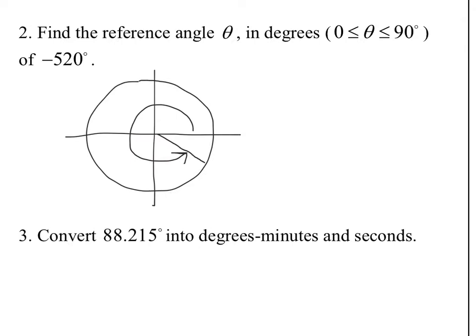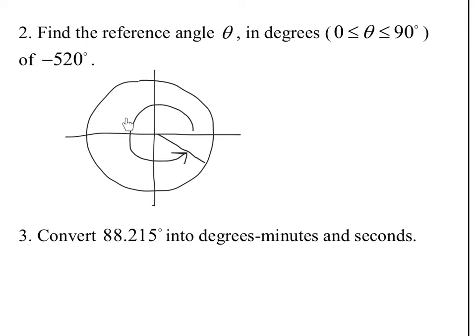For this question I'm going to give you a quick review on what a reference angle is. If I take any angle on my circle, and it's not in quadrant 1, say it's in quadrant 2, quadrant 3, or quadrant 4, the reference angle I can use in order to solve problems is the angle that will get me back to 180 degrees.